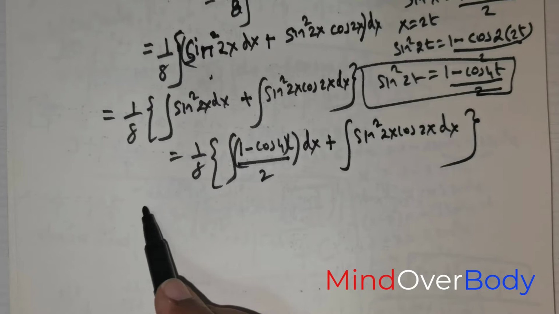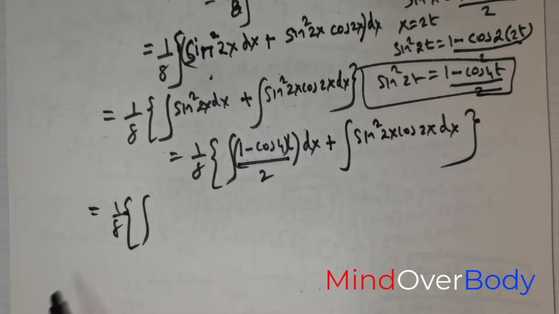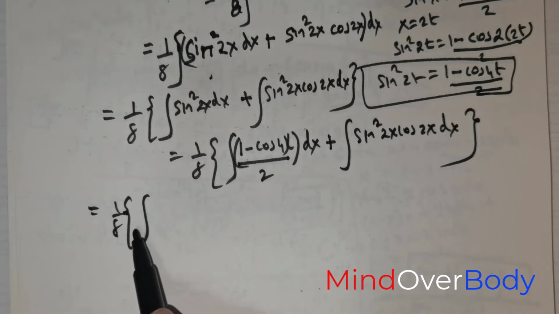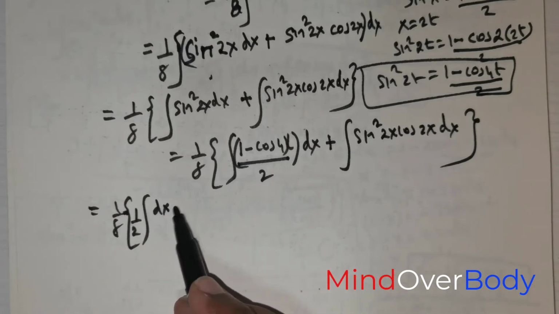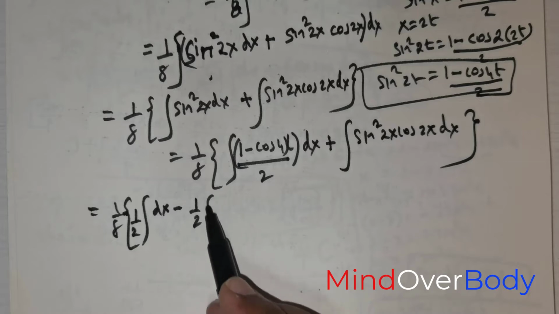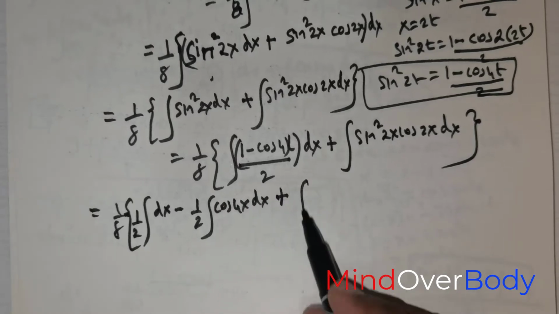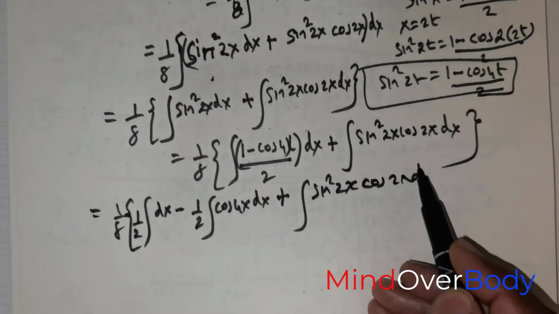Now if I were to split this, it is going to be equal to 1 over 8 integral dx. In fact, I can bring the 2 out, and this would be dx negative 1 over 2 times integral cos 4x times dx, positive integral sine squared 2x times cos 2x times dx.